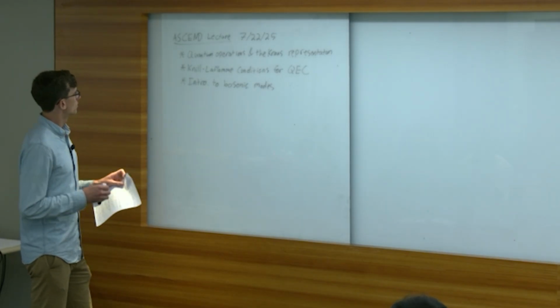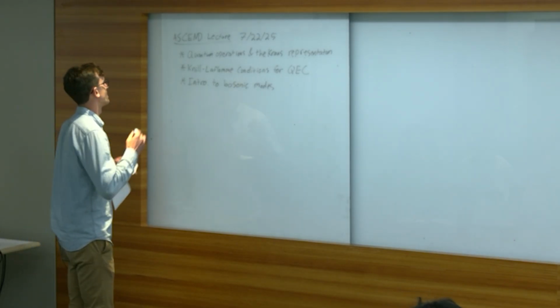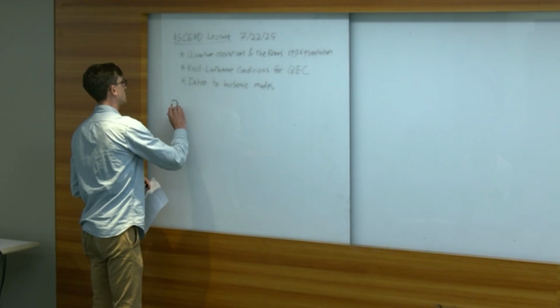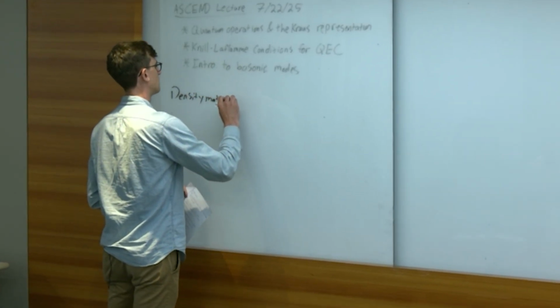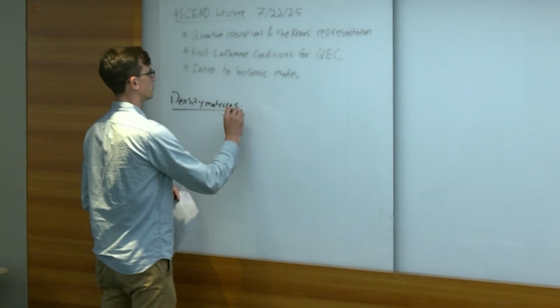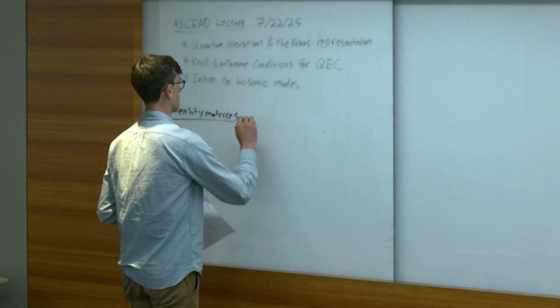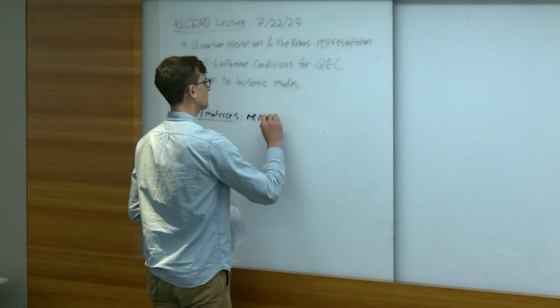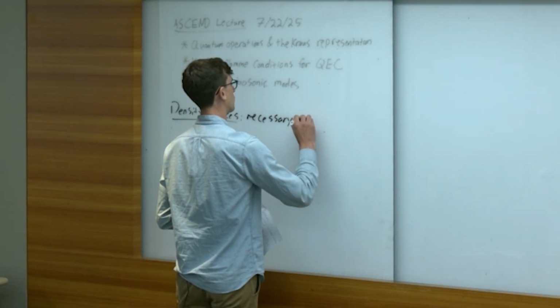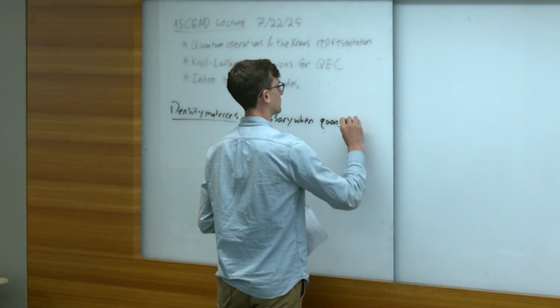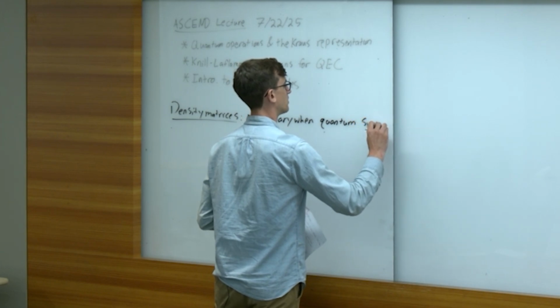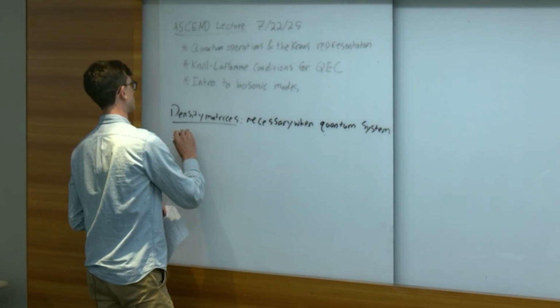Cool. So to start, we're going to talk about density matrices. Density matrices are useful, or they're really necessary, when your quantum system becomes entangled with its environment.